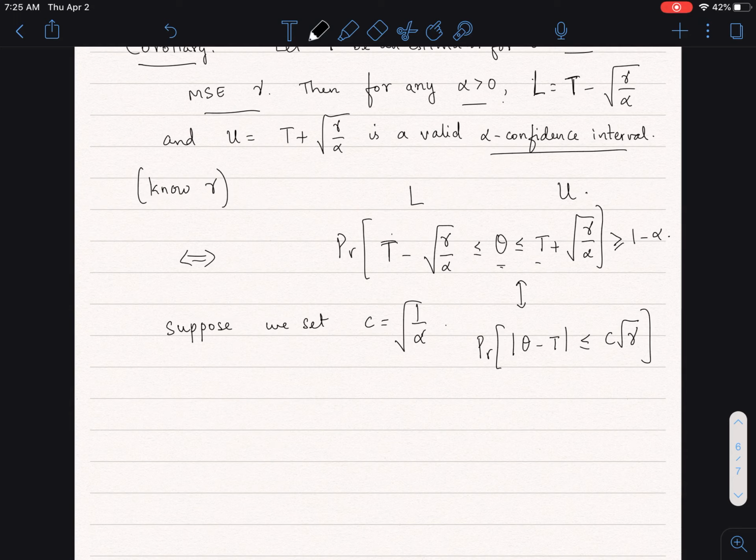Now what is this probability? It's the probability that theta minus T is less than or equal to C root gamma.